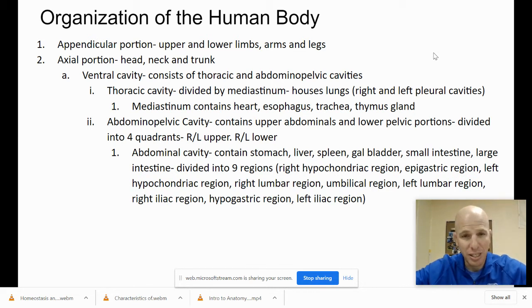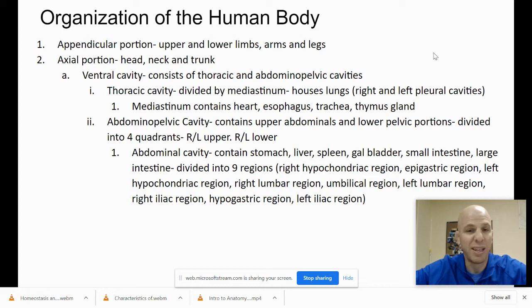The abdominal cavity contains a bunch of stuff. Let me back up. If I ask you to name an organ, most likely you are going to tell me an organ that's in the abdominal cavity: stomach, liver, spleen, gallbladder, small intestine, large intestine, at least most of it.